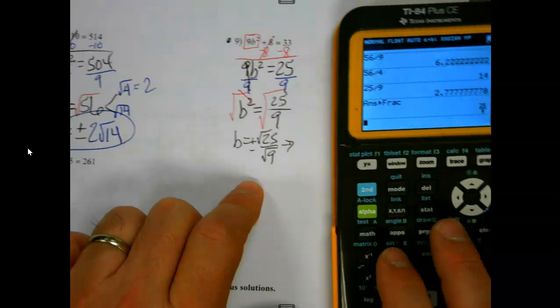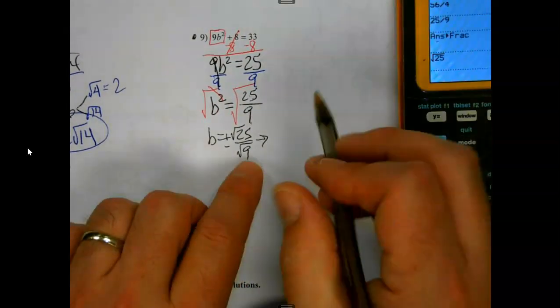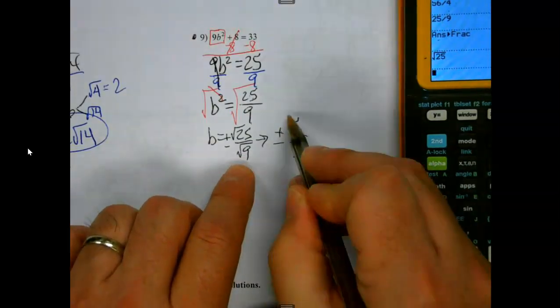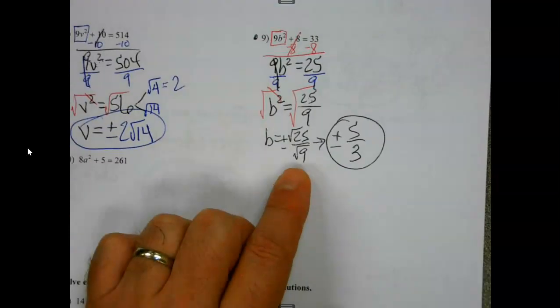And so if I take the fraction and I break it into pieces, I'm like, wait a minute. Square root of 25 is 5, and the square root of 9 is 3. So I can get an exact answer still. And that's what we need to do.